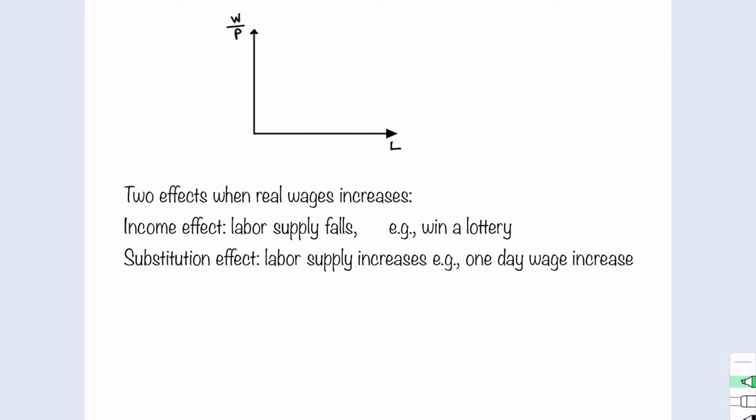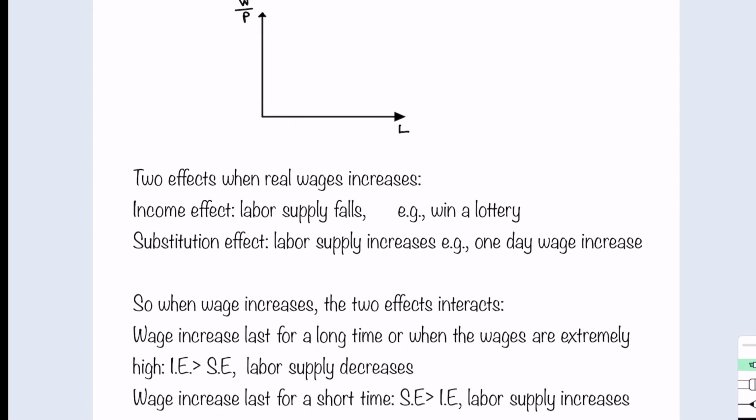If the substitution effect dominates the scenario, then the total labor supply should increase. So when the wage increases, how will that affect the labor supply? In general, we believe that when the wage increase lasts for a long time, or when the wage increase is extremely high, the income effect will dominate the substitution effect. Therefore, the labor supply decreases.